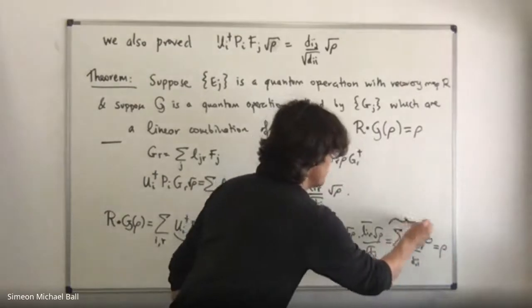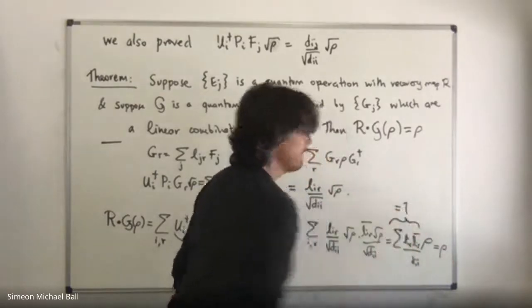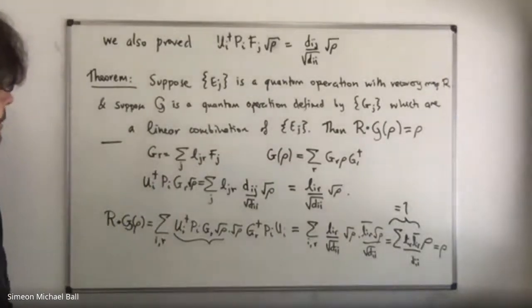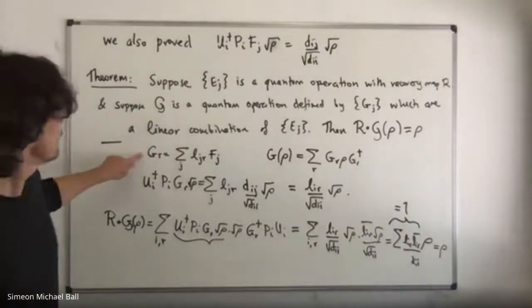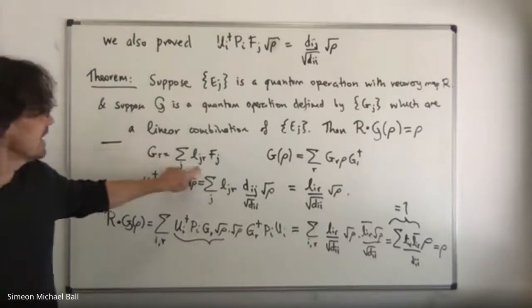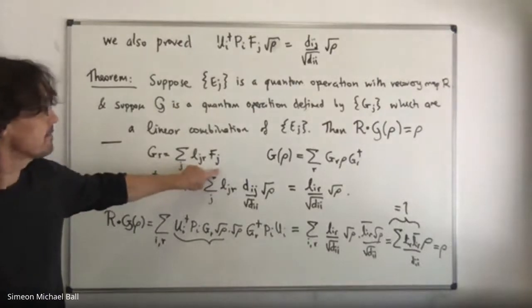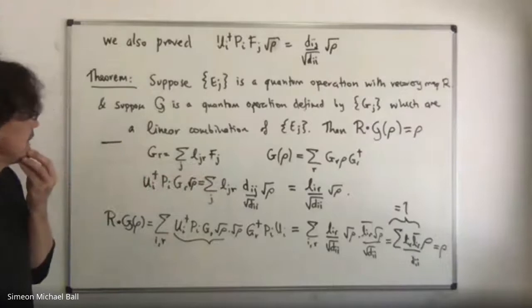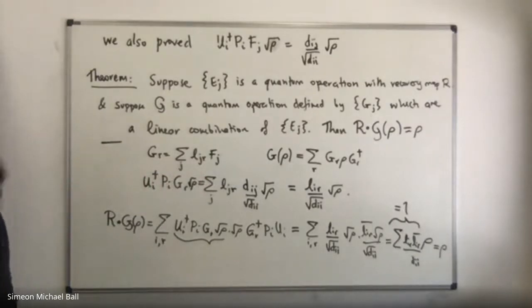Okay, so this is equal to 1, and that follows from the fact that the G's are a quantum operation. You can kind of see it, right? If you do the sum of G_R, G_R dagger, then you're going to get some L's and some F's. But you know the F's are also a quantum operation.